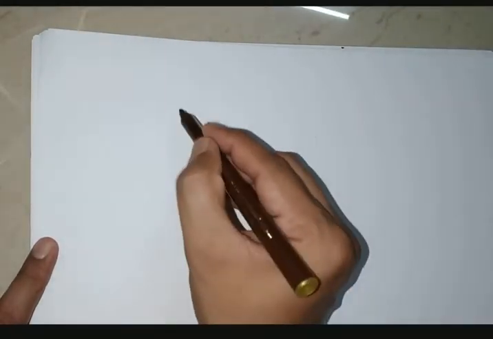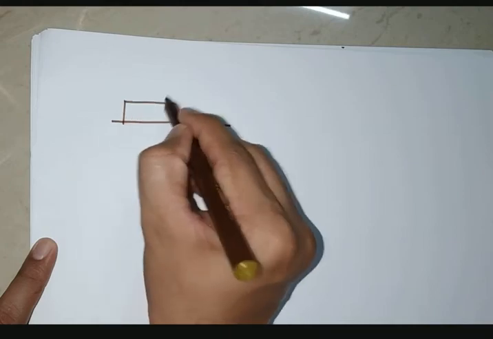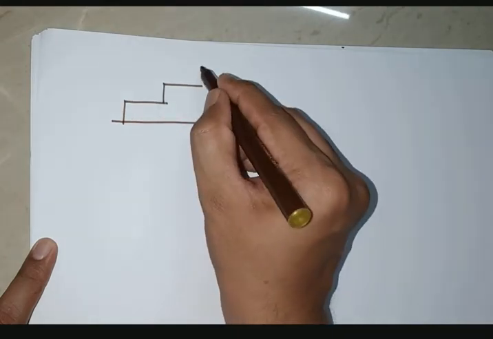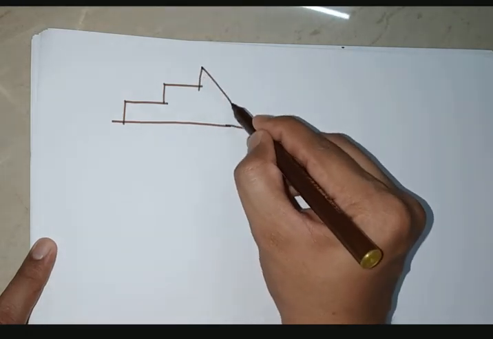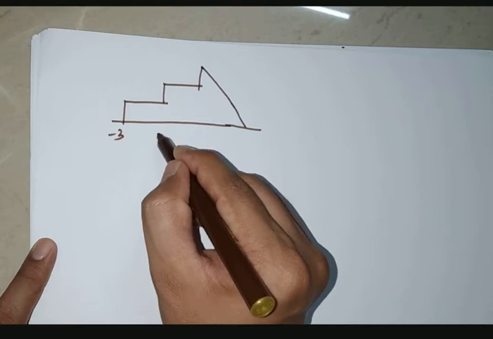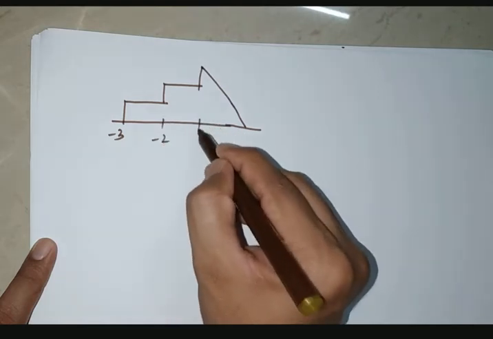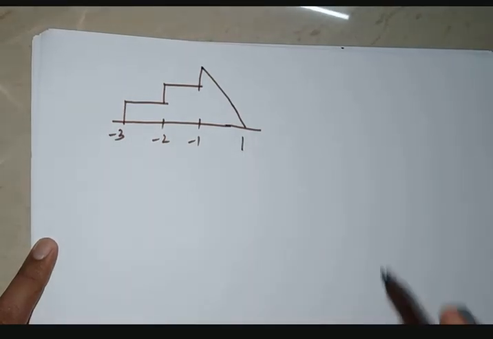Now take another time scaling problem, some random problem I am taking. The time axis has minus 3, minus 2, minus 1, and this is 1.